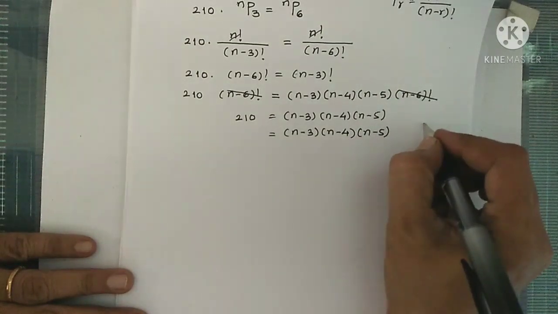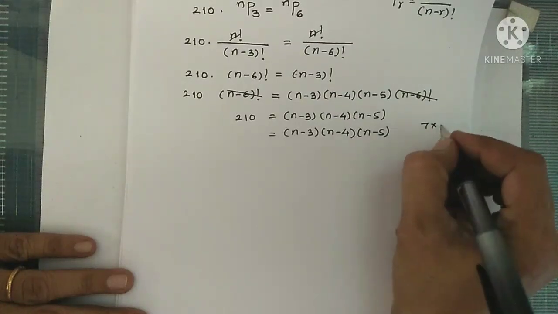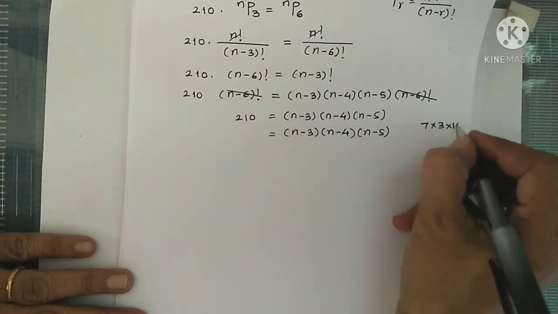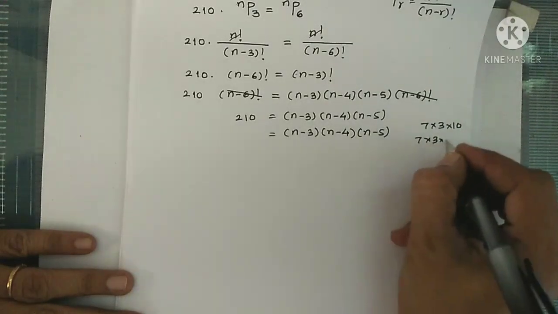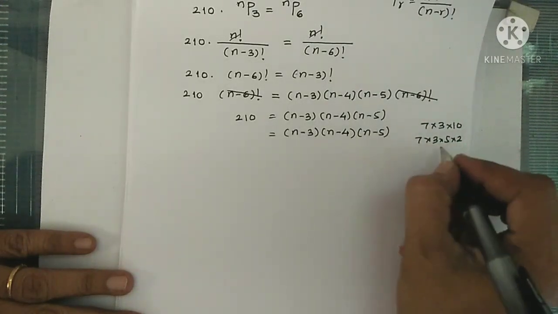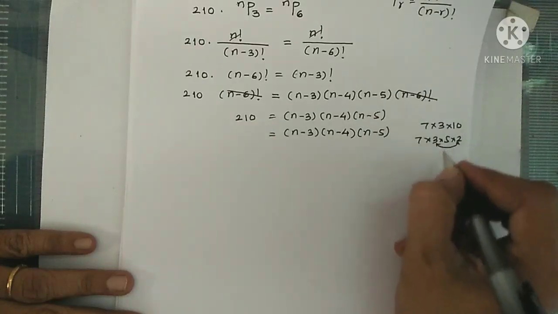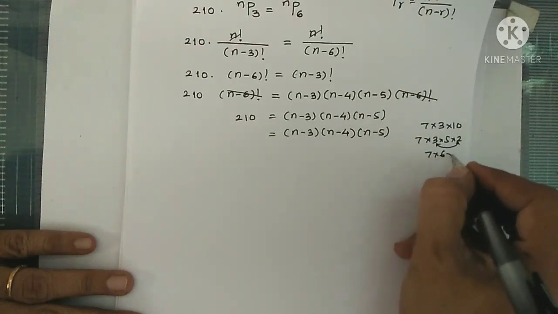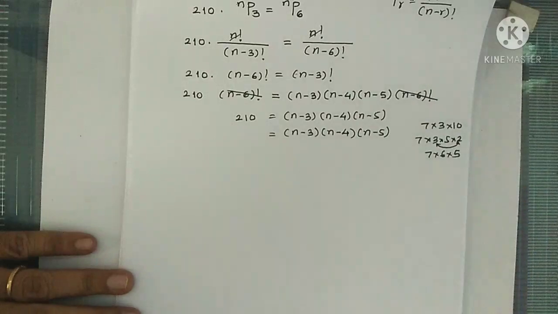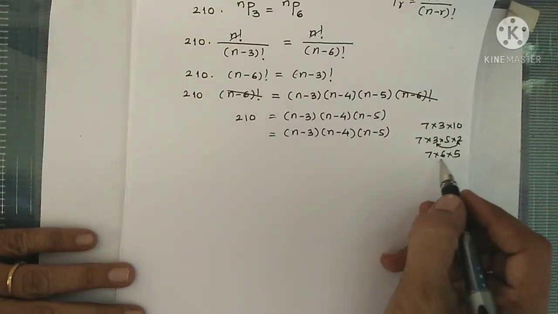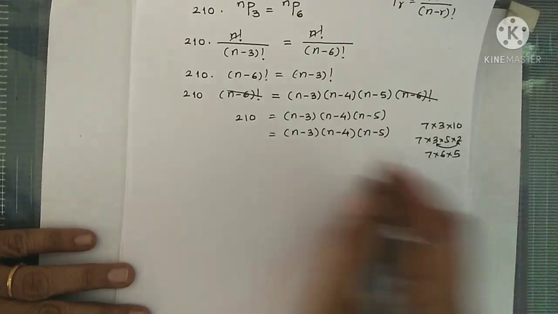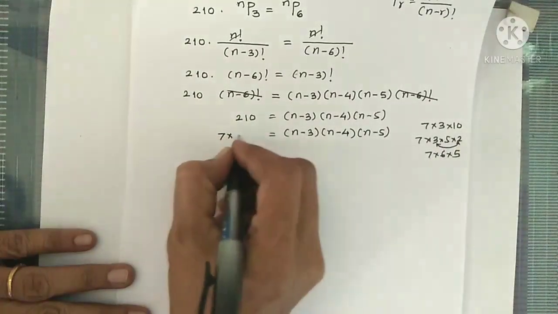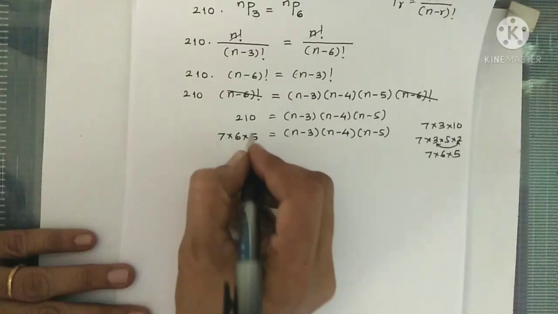See, 210 is 7 into 3 into 10. Now this 10 we can again write as 5 into 2. And taking this 3 into 2 together, we can write this as 7 into 6 into 5. See, now these are three consecutive natural numbers starting with the biggest one. So 7 into 6 into 5.